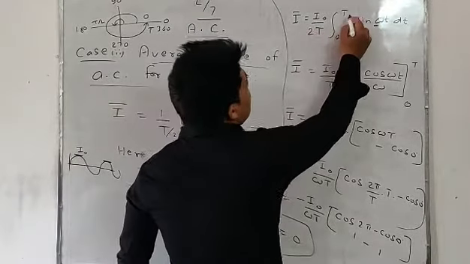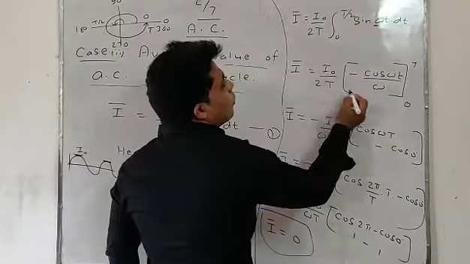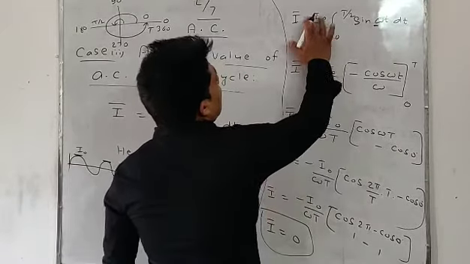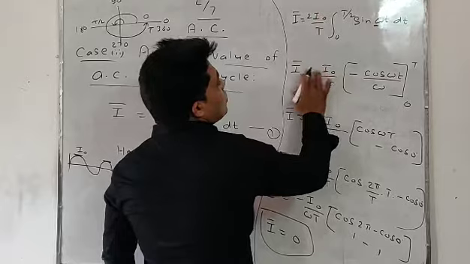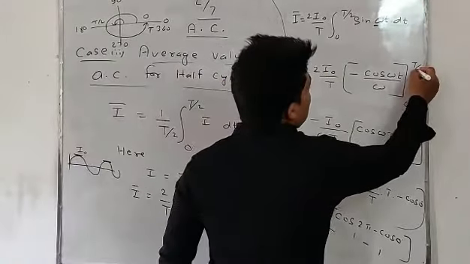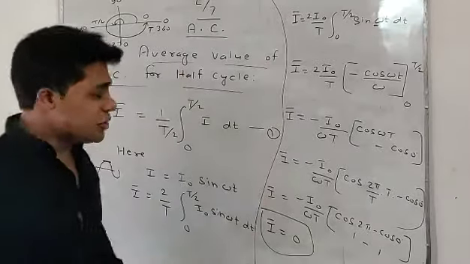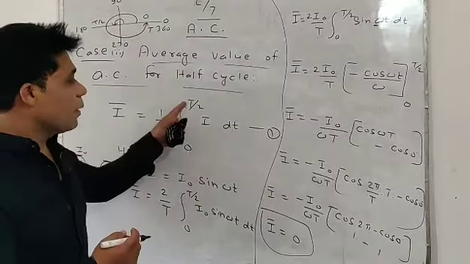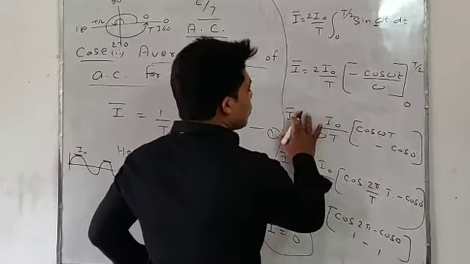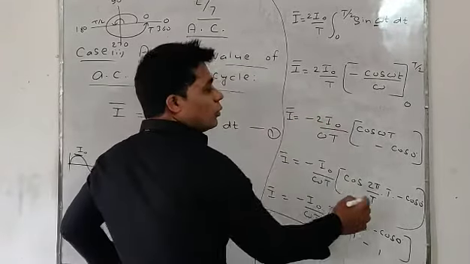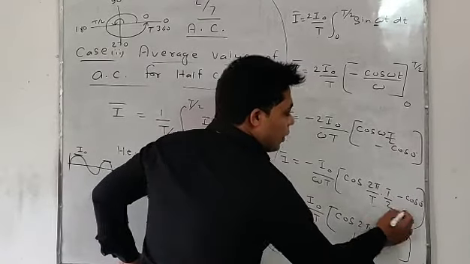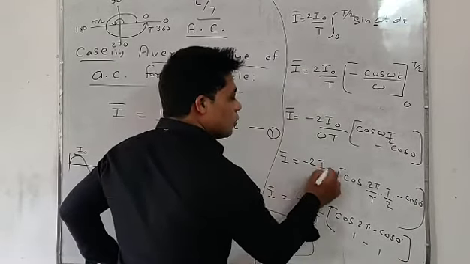Nothing else will change; besides one thing, T is replaced by T by 2 for the half cycle. Here also we write 2, and the limit is T by 2.